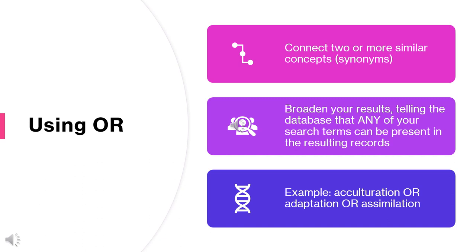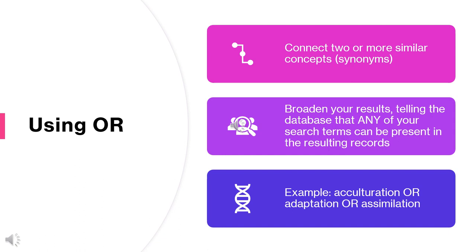The second Boolean operator that we're going to talk about is the word OR. It connects two or more similar concepts or synonymous terms. It actually broadens our results, telling the database that any of our search terms can be present in the resulting records.